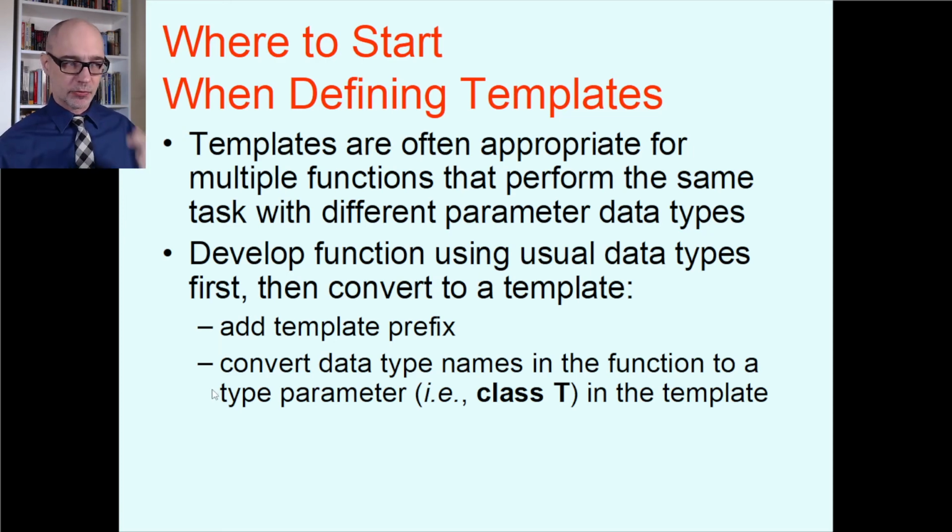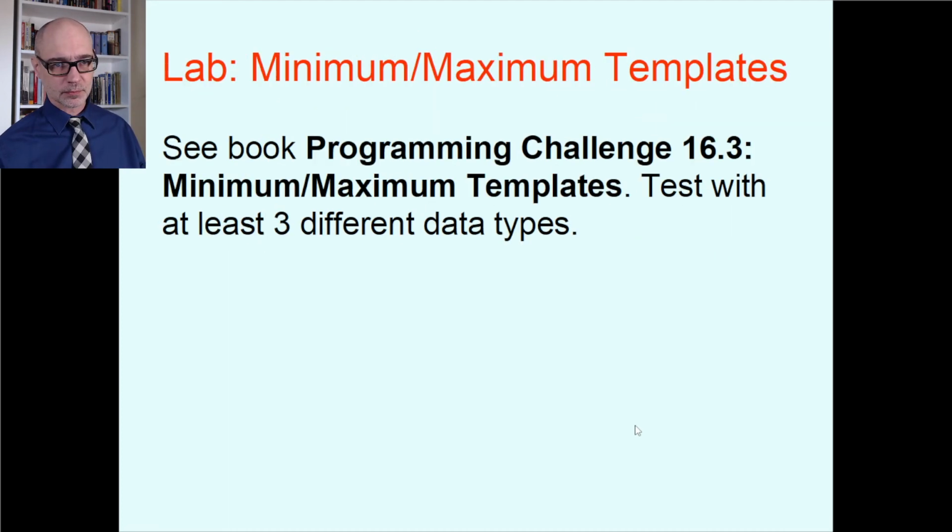And then I convert all the data type names in the function to that abstract type parameter. So where I used to have integers, I turn them all into type T's. Okay, and hopefully that'll work with anything. And that's what I usually do: start off with a normal function, just working on integers, then convert it to a function template like this. I think that's a good way to go about it.